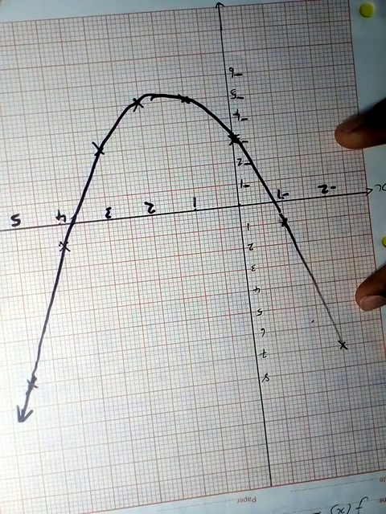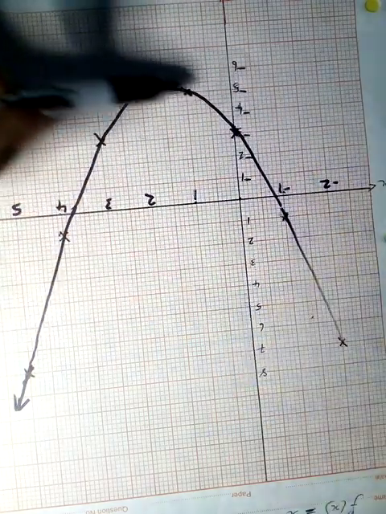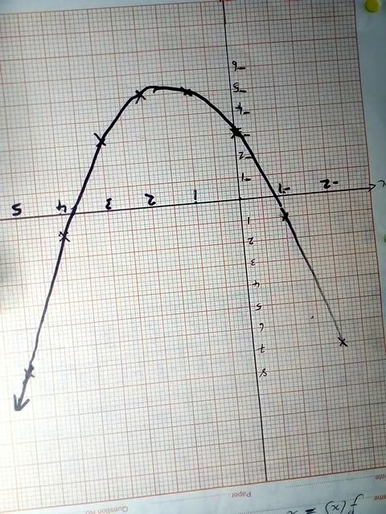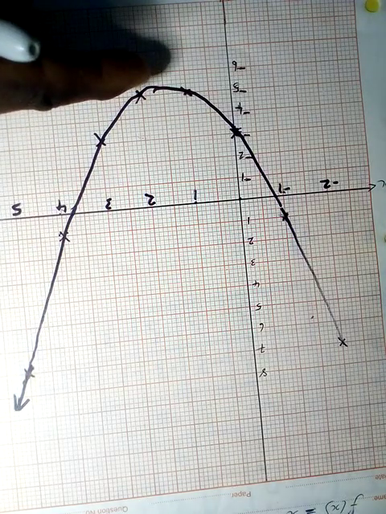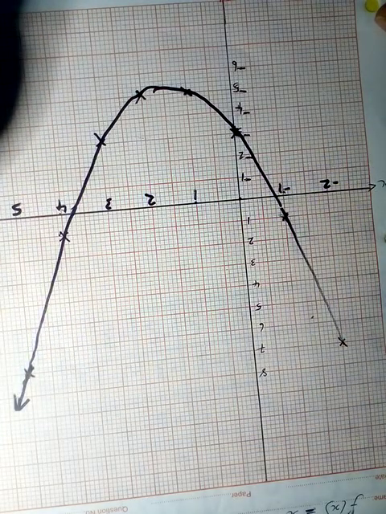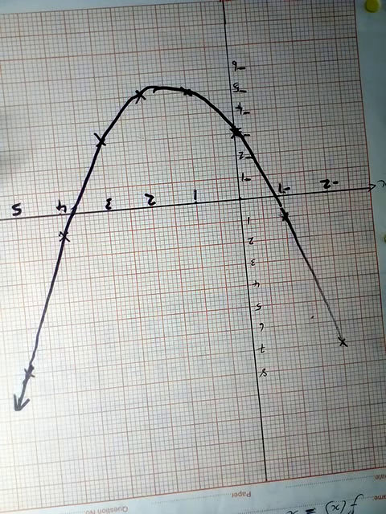And recall, because the coefficient of x squared was positive, we have a minimum graph. Positive, so the legs will push towards the positive side, hence the turning point will hang down. When the coefficient is negative, the legs will push toward the negative side of the y-axis, and the turning point will be a maximum.